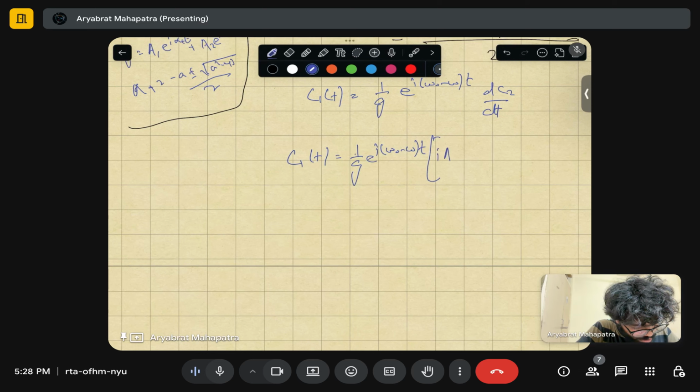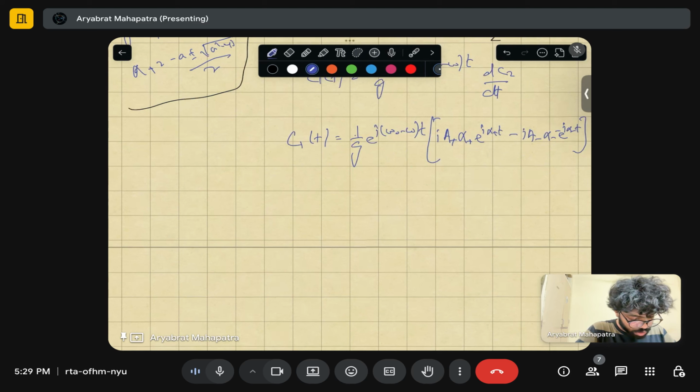This derivative will give you i a plus alpha plus exponential i alpha plus t minus i a minus alpha minus exponential i alpha minus t. So you got c1 and c2.